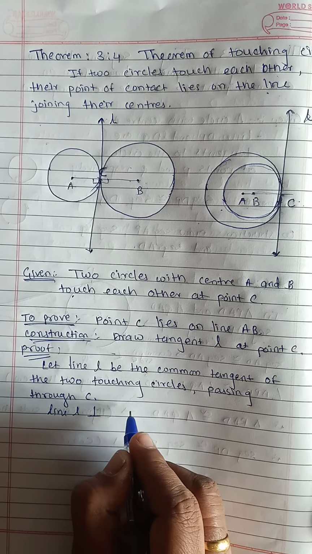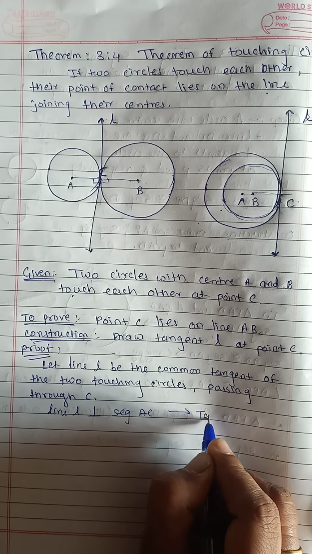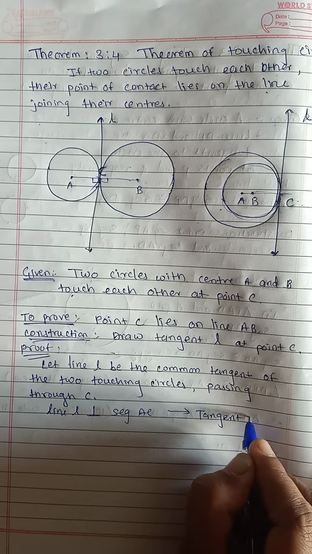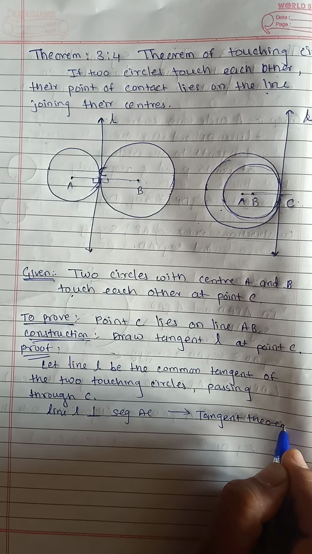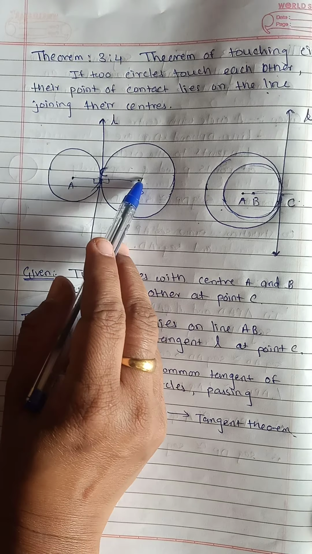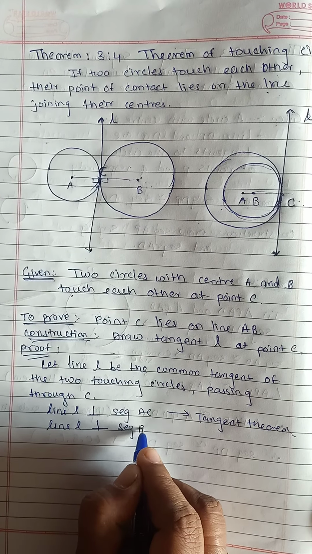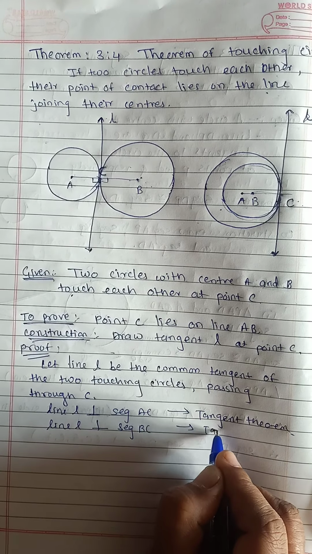So line L is perpendicular to seg AC, that is the tangent theorem. In the same way, line L is perpendicular to seg BC. It is also the tangent theorem.